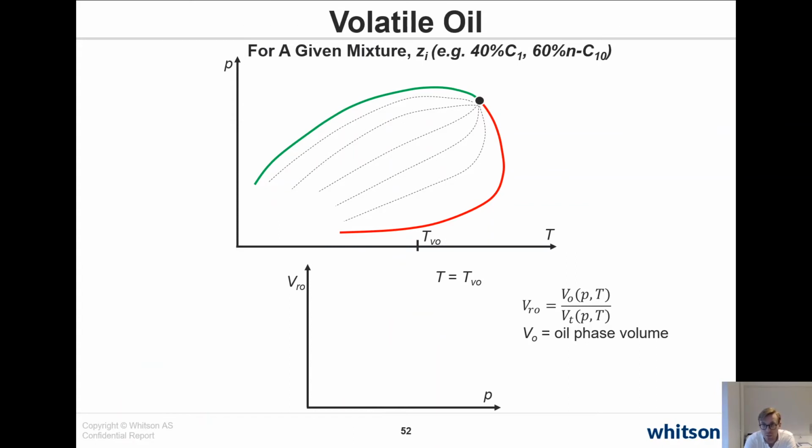Taking this a step further, but a similar type of exercise. Now we have shifted the temperature a little bit. We're at a higher temperature, as we see right here, and we'll do the same exercise, and above the saturation pressure again, we're again talking about a bubble point right here.